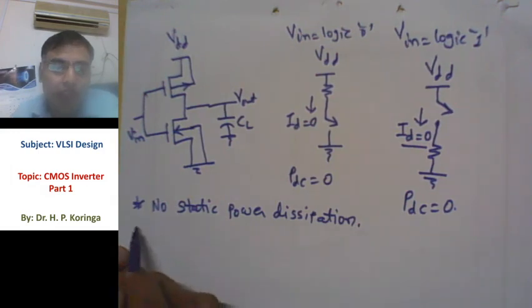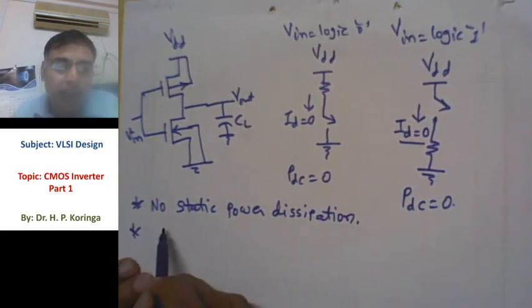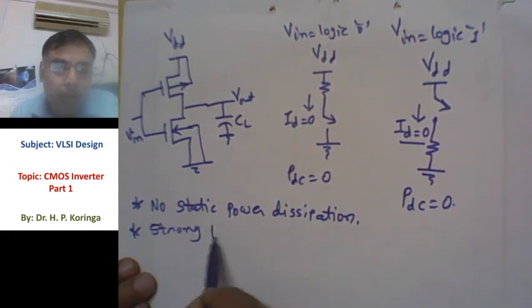So I have two greatest advantages of the CMOS inverter. One is no static power dissipation. Another is that VOL tends to 0, meaning a strong logic 0 output.